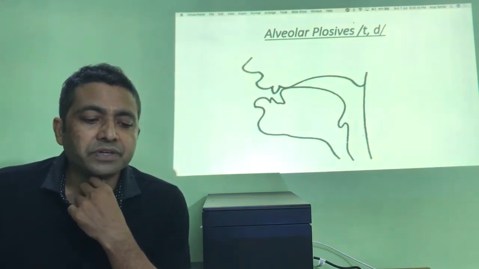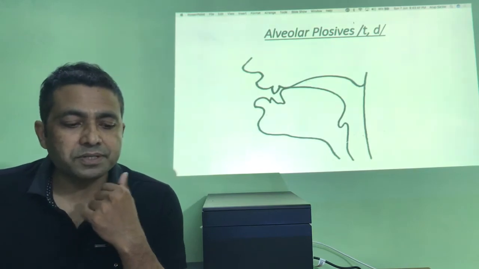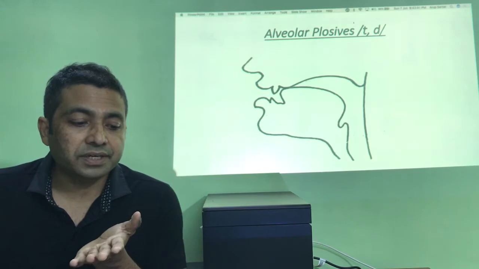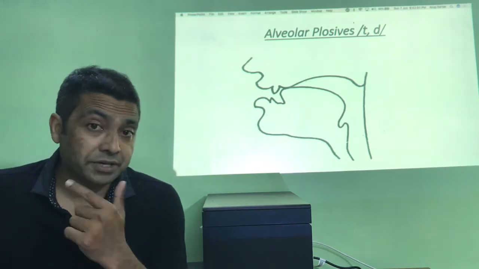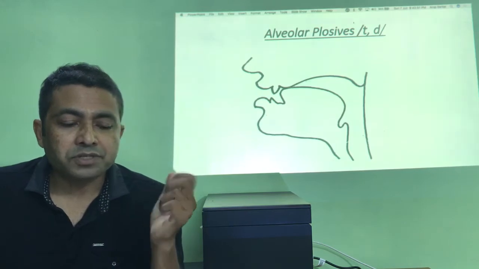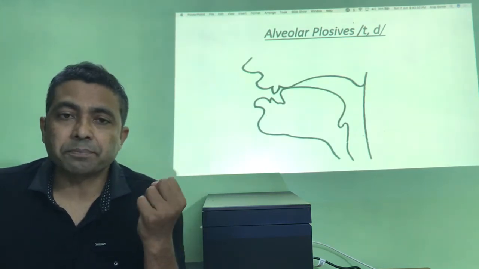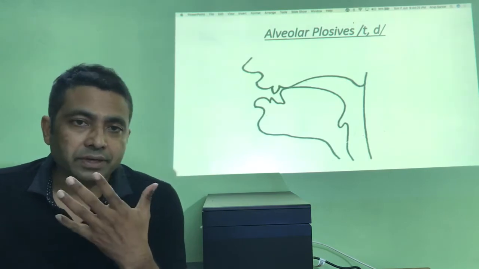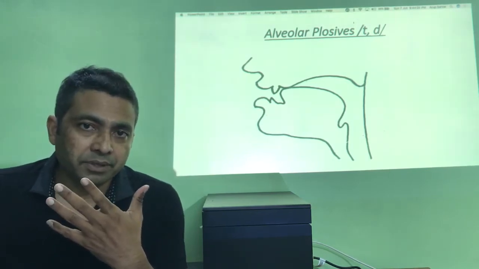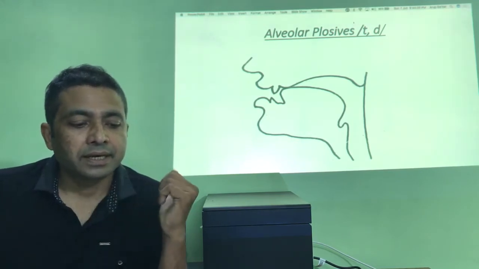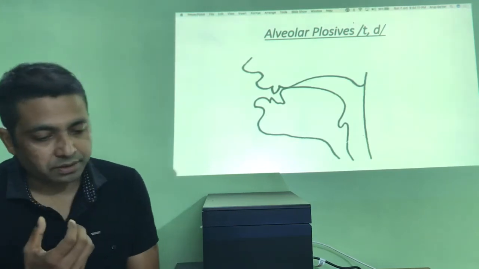Then we have alveolar plosives, /t/ and /d/. These two are the alveolar plosives. Plosive because, the same, the air is compressed in the mouth, then there is a sudden release. Where the contact by the organs is made, it is in the alveolar position.